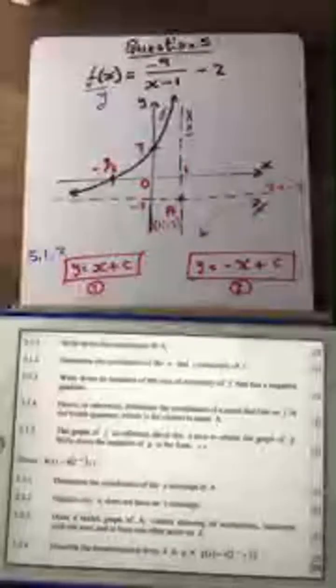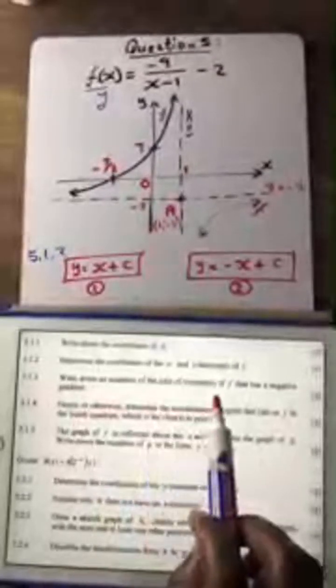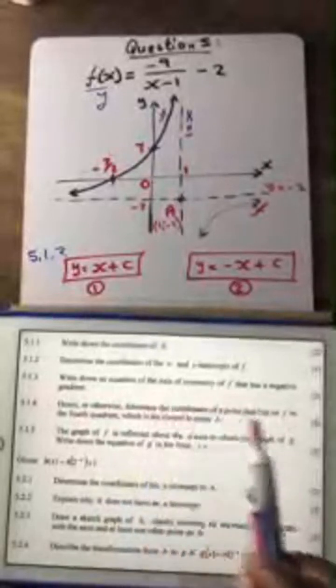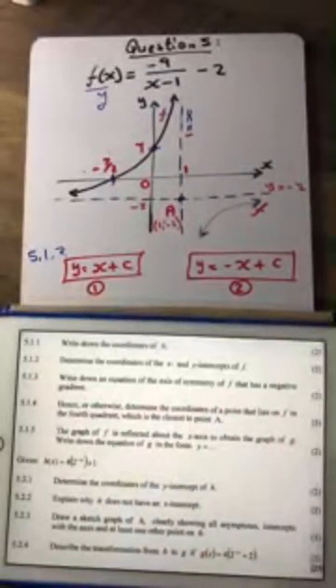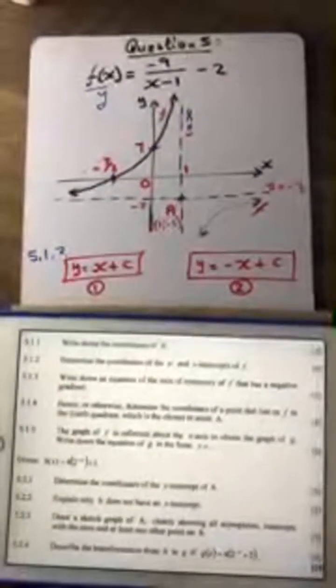Let's follow that process. Write down an equation of the axis of symmetry of f that has a negative gradient. You tell me. You can just comment 1, maybe give a reason, or comment 2, give a reason.